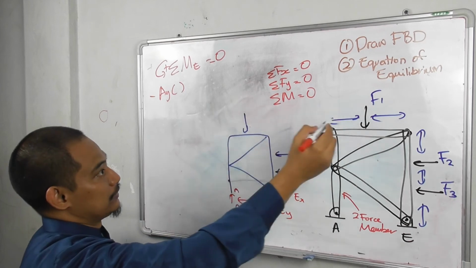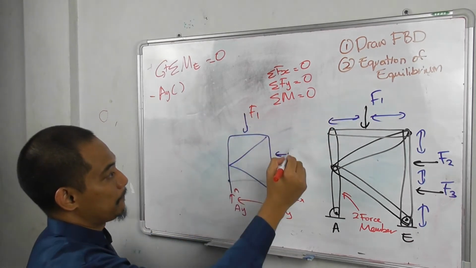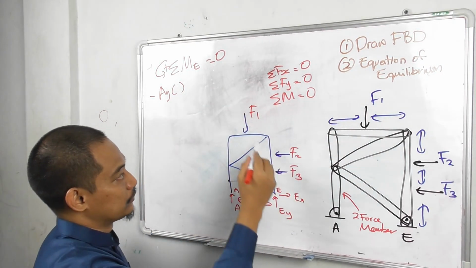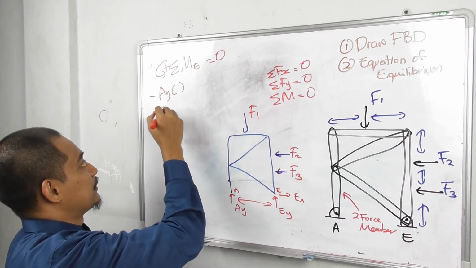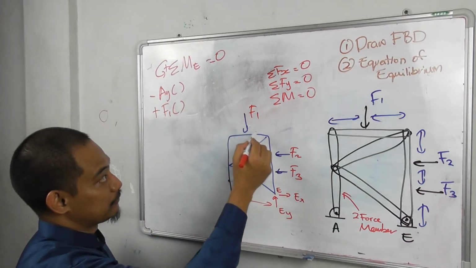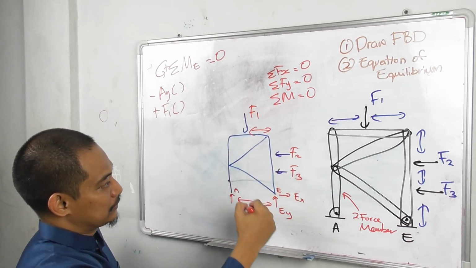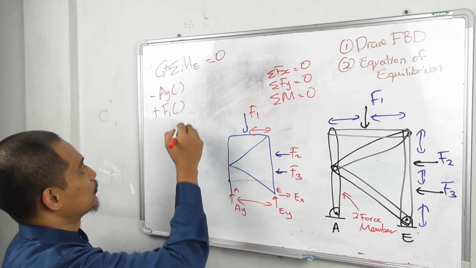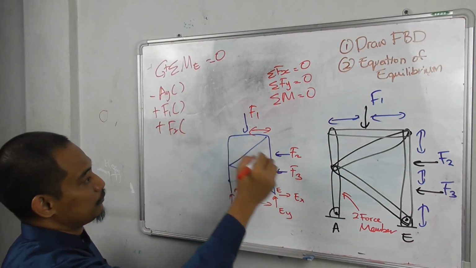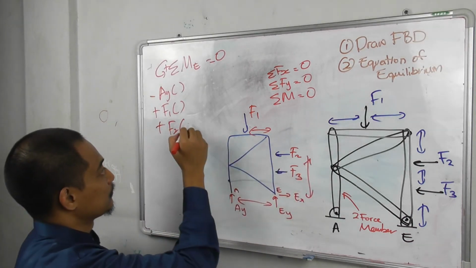So this one is F1, F2, F3. So plus F1 times the distance of this one from this one, okay? And then this one is counterclockwise also, so plus F2 with the distance of this one.